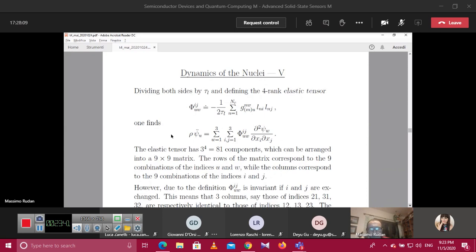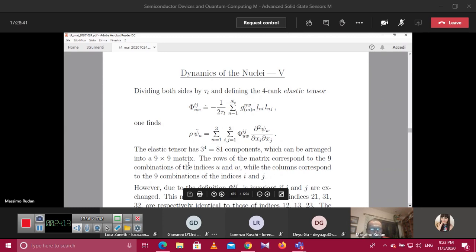So for the moment, observing that there are 81 components, we arrange this tensor as a 9 by 9 matrix. And for instance, we assume that the rows correspond to the 9 possible combinations of indices U and W, and the columns correspond to the 9 combinations of indices I and J.